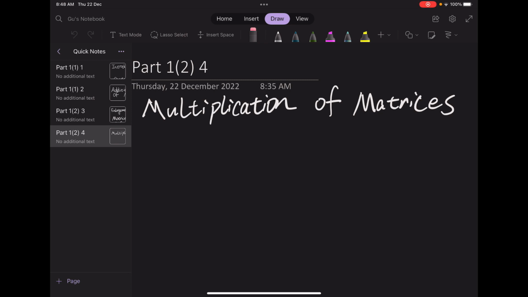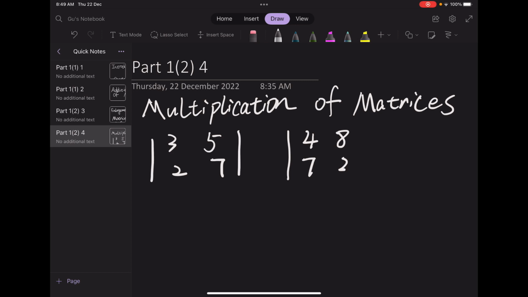For example, I list two matrices. The first one, 3, 5, 2, 7, and the second one, for example, 4, 8, 7, 2.